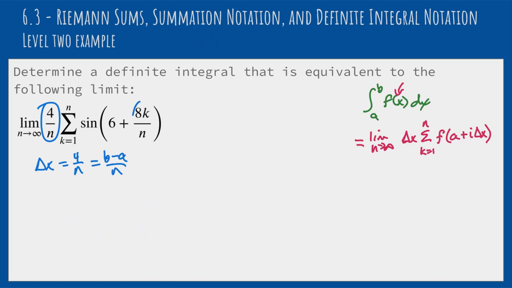Also, notice here we have something over n. So this expression right here, if delta x is 4 over n, is going to be 2k times delta x. All right, so I'm going to rewrite this expression here. I'm going to write the delta x here.